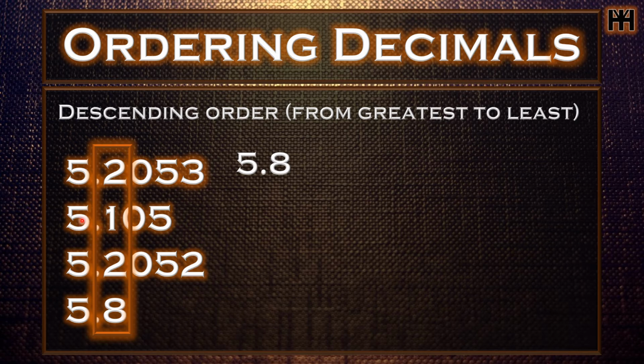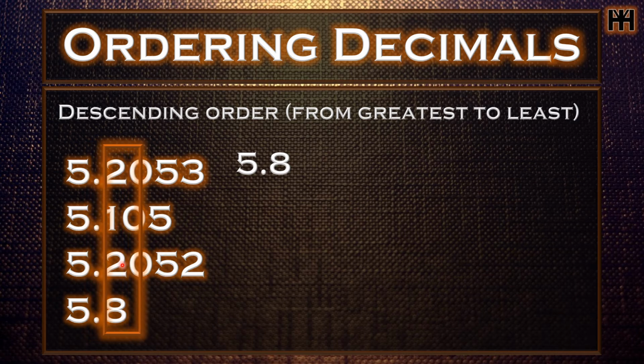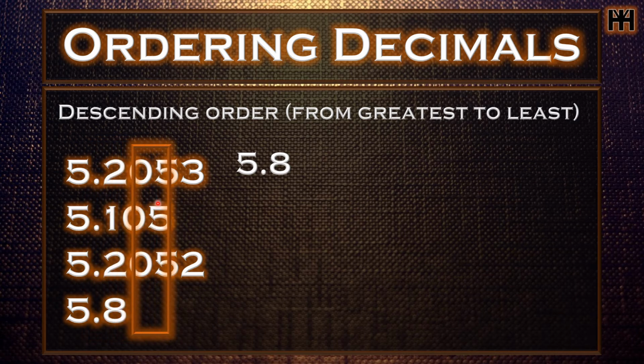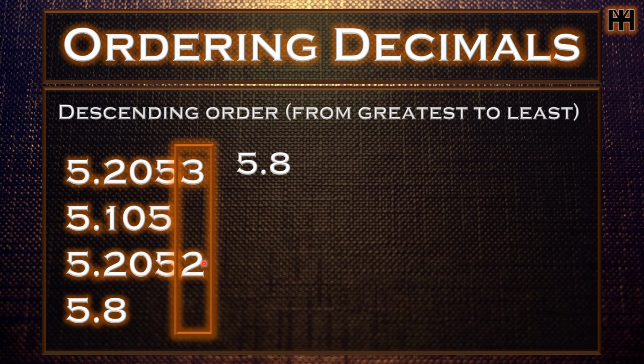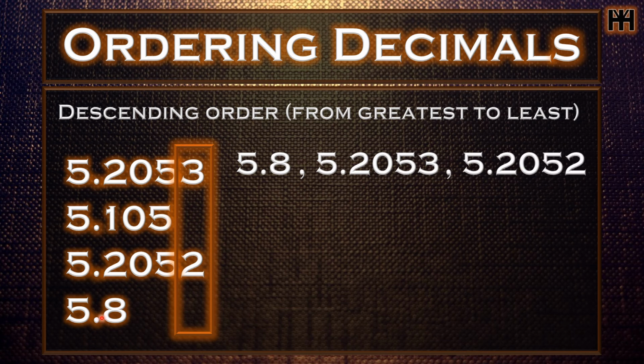And you know now 5.105 is the least decimal here, so it will be at the end. What's left is to compare between these two. Now it's 0, it's the same. 5, it's the same. Now here is the 3 and the 2, so this is greater. We'll put it first, then this one, then this one, the lowest that we discovered at the beginning.